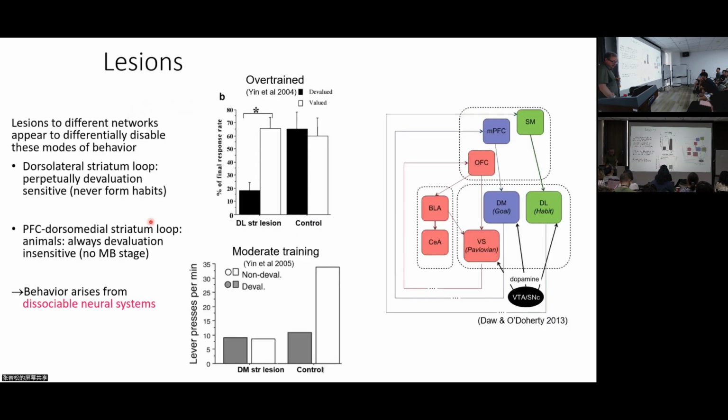There was a classic series of studies from Bernard Balleine's lab, and Henry Yin was one of the major people. They basically found 2 circuits, cortical striatal loops involving discrete regions of cortex, striatum, and I think thalamus, which isn't shown in this figure, that seem to be differentially responsible for either of these 2 patterns of behavior.